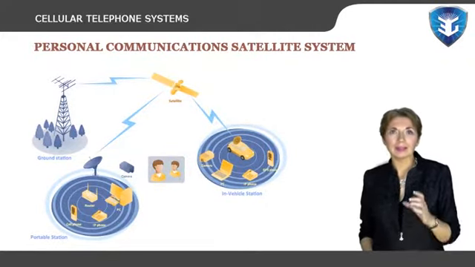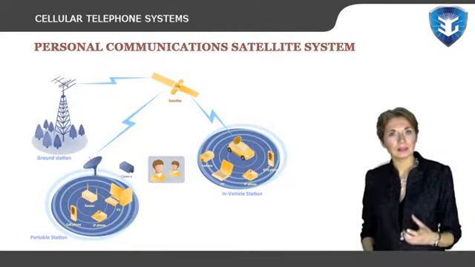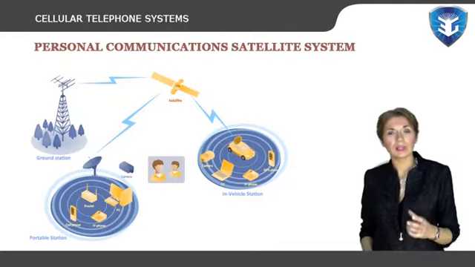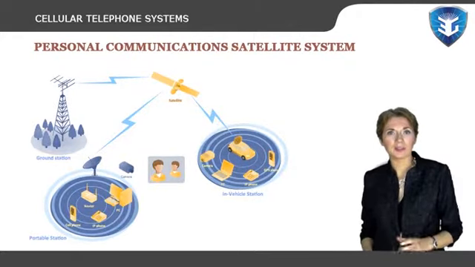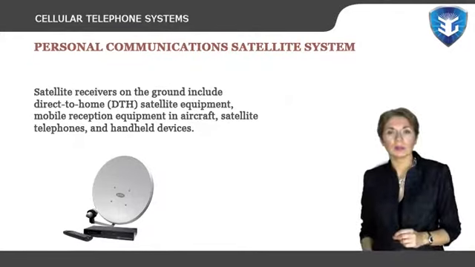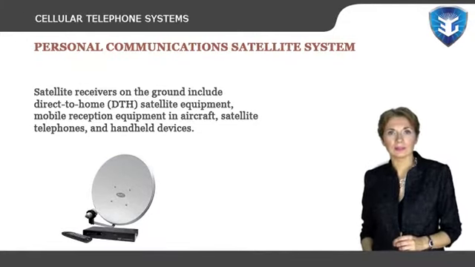The satellite then receives and amplifies the signal and retransmits it back to Earth, where it is received and reamplified by Earth stations and terminals. Satellite receivers on the ground include direct-to-home DTH satellite equipment, mobile reception equipment in aircraft, satellite telephones, and handheld devices.